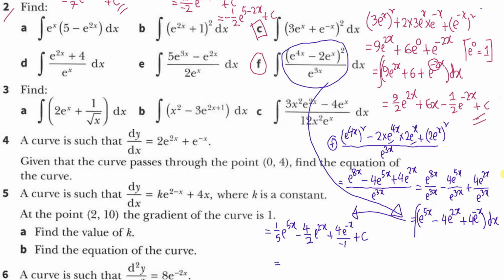Let me write our final answer: 1/5 e^{5x}, then the next part is minus 2e^{2x}, minus 4 divided by e^x, plus c, and that is our answer for this question.